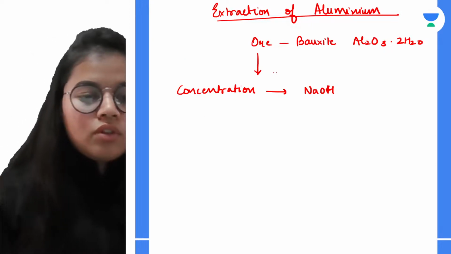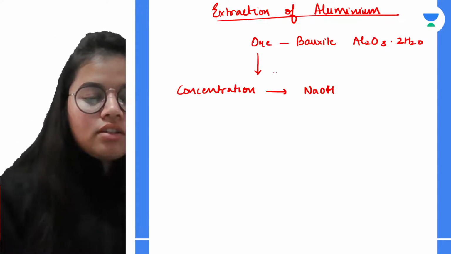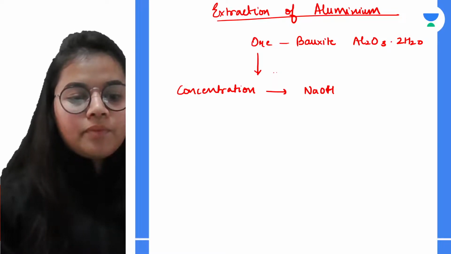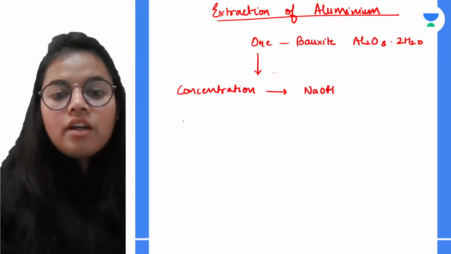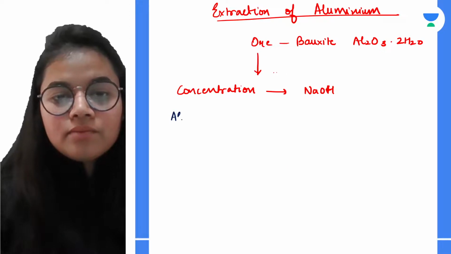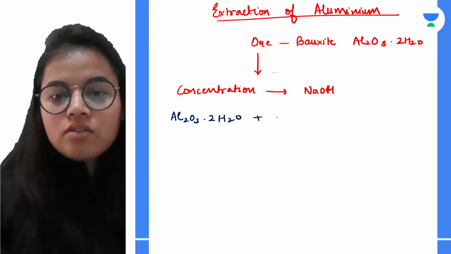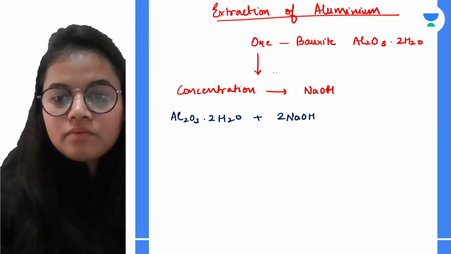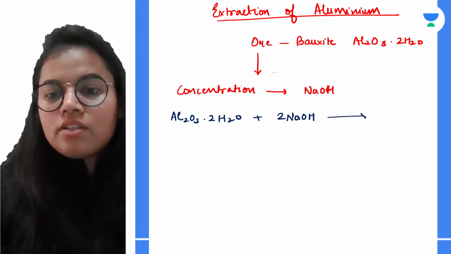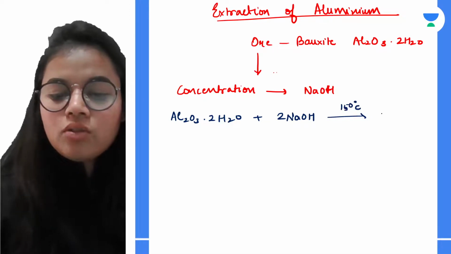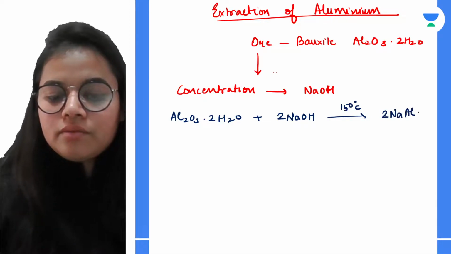So let me give you the basic reactions. Alright, so if I go for reactions, it is dissolved. Then the temperature is maintained at 150 degrees Celsius to get sodium metaluminate.